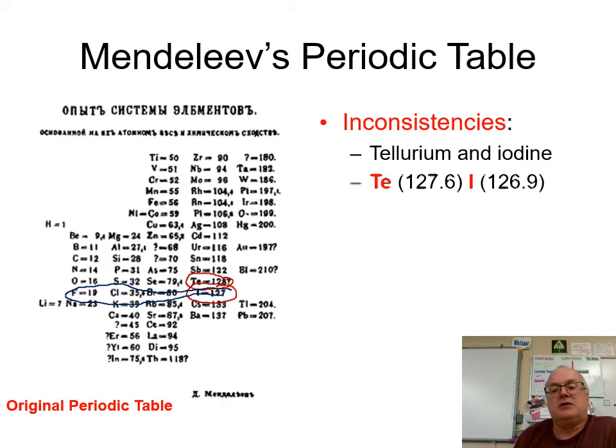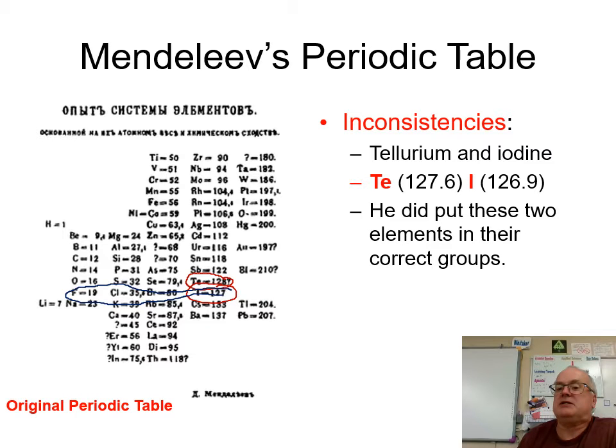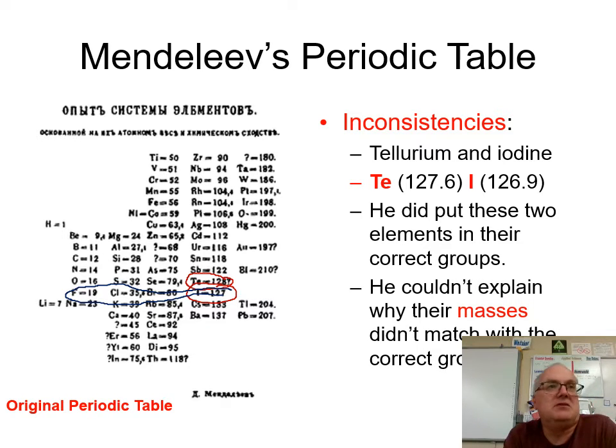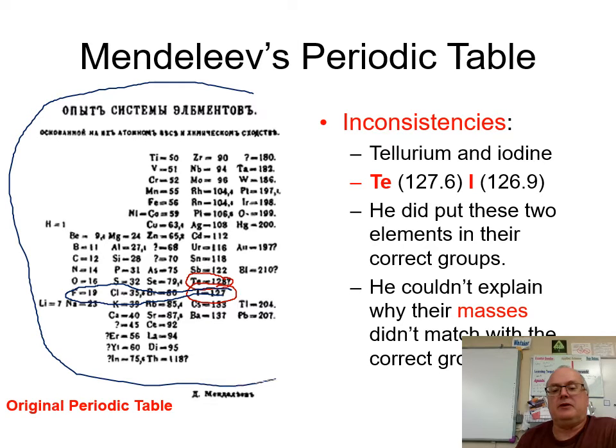And as most scientists will do, they just simply decided, well, sometimes it's not perfect. He couldn't explain why iodine was where it was with a lower weight than beryllium with a higher. But again, he was using something called atomic weight, but they just left it at that. So this is what they came up with as the original periodic table of elements.